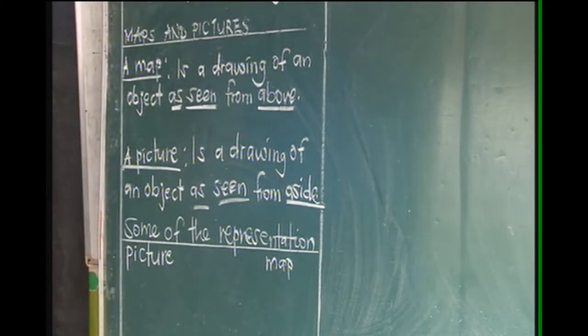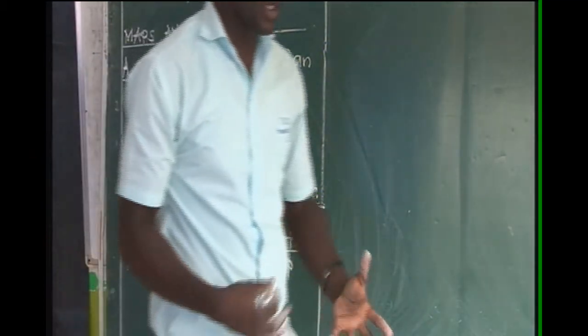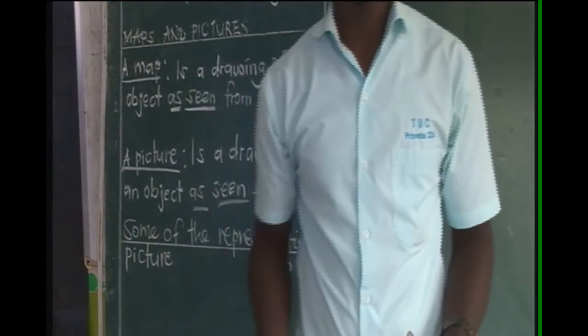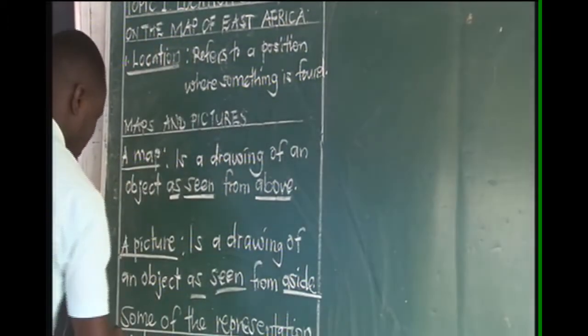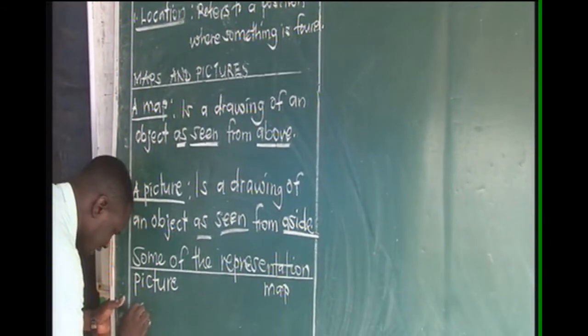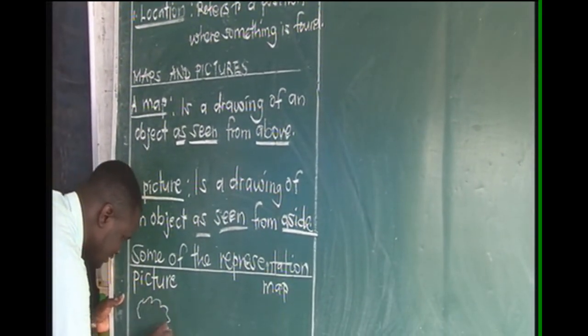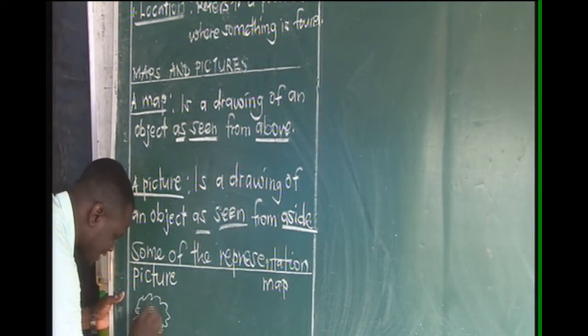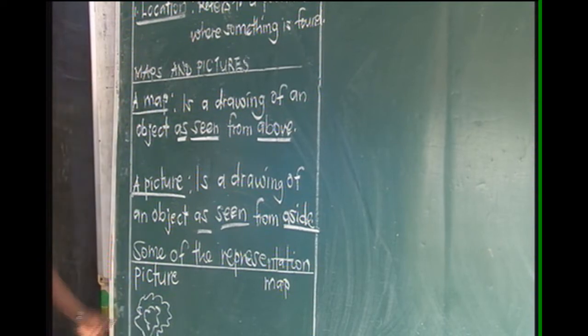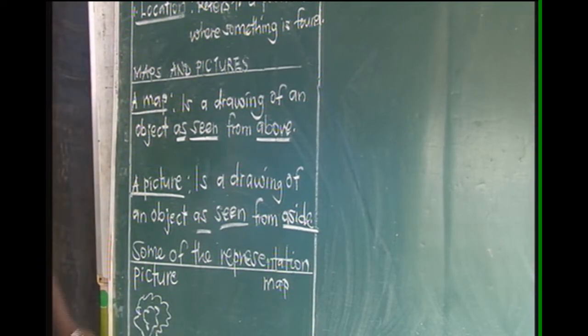Let's give examples. If we want to represent something like a tree, we shall have the picture the way it's seen from above, from a side. So we can have our tree represented like this from a side.